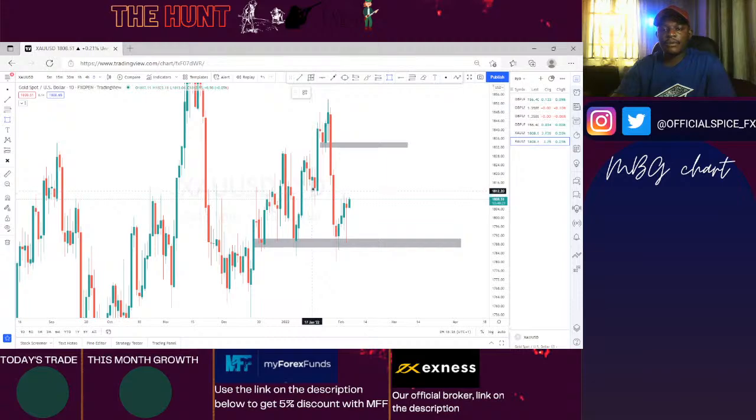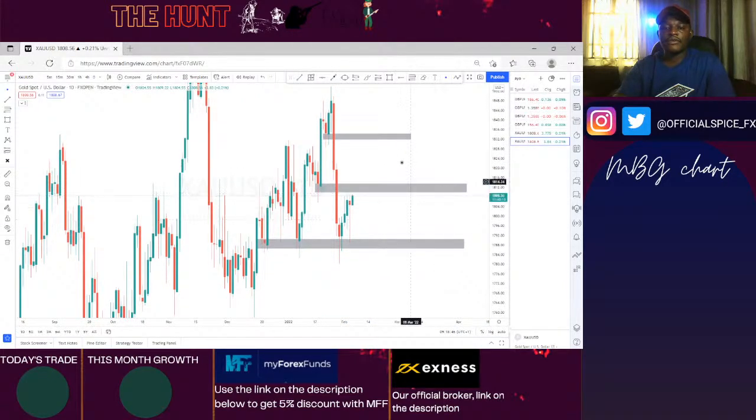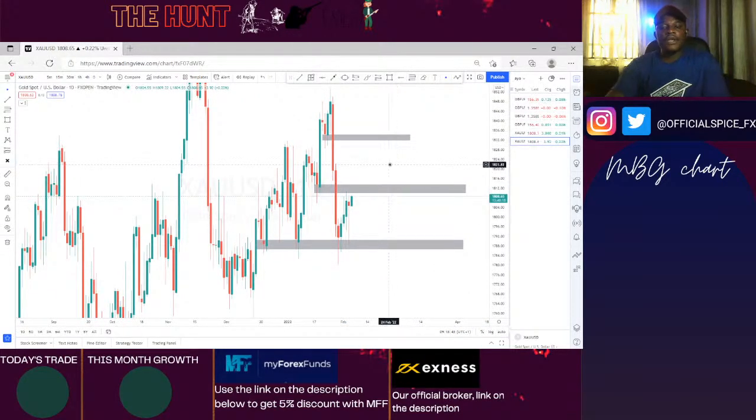We also have a support right here, and a resistance right there. So price could potentially bounce away from here, or break above this point and continue to this point here, and the reason I'm saying that is the close of this candle.